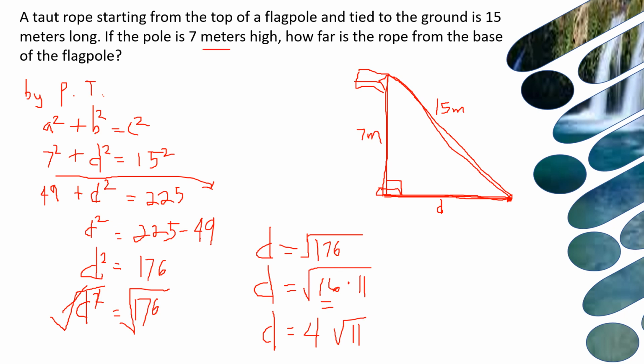The unit of length we use in this problem is meters. So the distance between the flagpole and the rope is 4 square root of 11 meters. This is the answer.